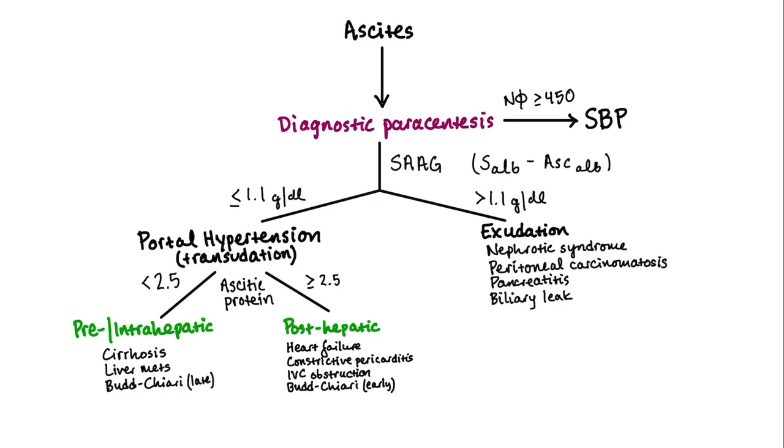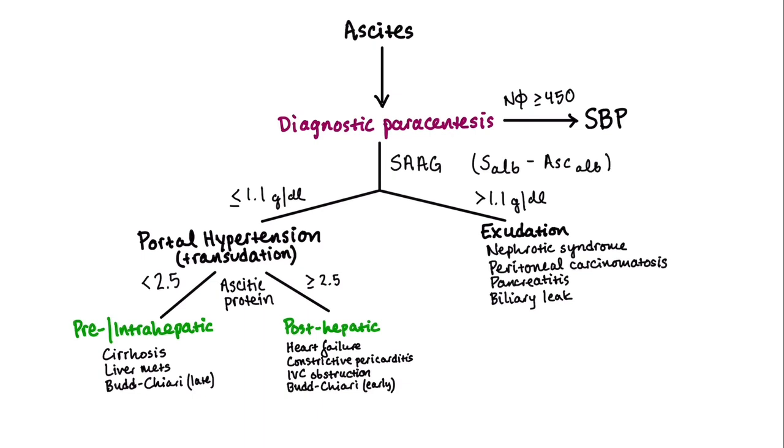Okay, so this is my approach when I have a patient with ascites. The very first thing that you need to do is a diagnostic paracentesis. Of course, before you do that, or as you're waiting for the equipment to come, you're going to be getting a CBC, CMP, which remember includes your liver function tests and all that stuff, blood cultures and stuff like that.